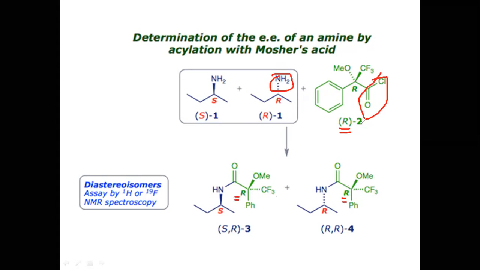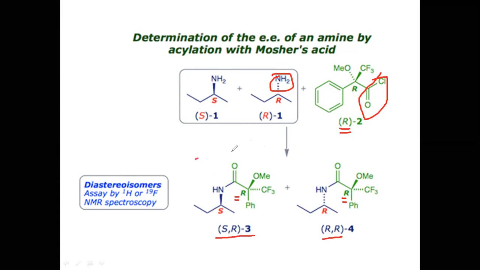This Mosher acid chloride will react with the R of the mixture and form this one. And another molecule of Mosher acid chloride will react with the S of the mixture and form this one. So this will be RR, this will be SR.